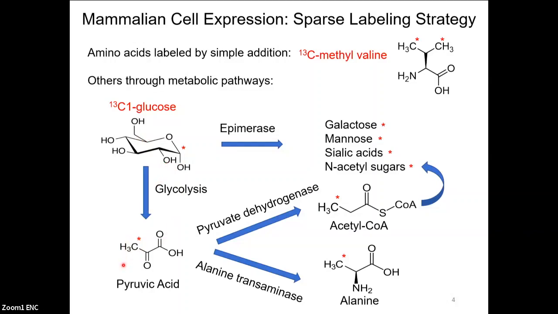And pyruvate, in single enzyme steps, goes out to acetyl-CoA, and in turn labels all the N-acetylated sugars, the N-acetylglucosamine. And in a single step by an alanine transaminase, it goes into alanine and labels the alanine methyls. So we end up with a system that has labels in all our sugar residues. It has valine methyls and it has alanine methyls.